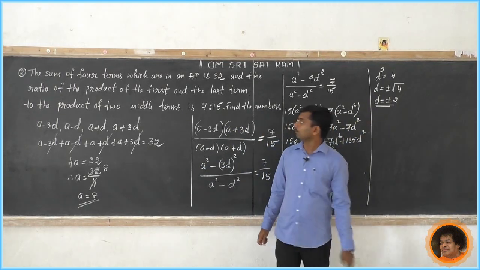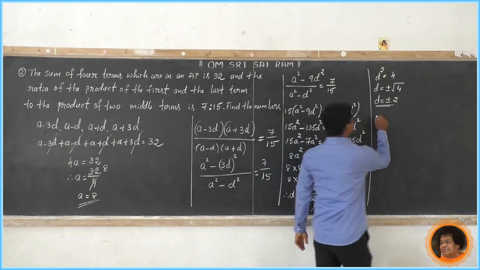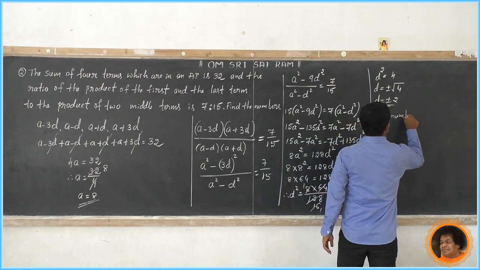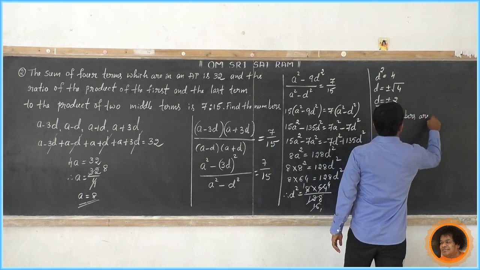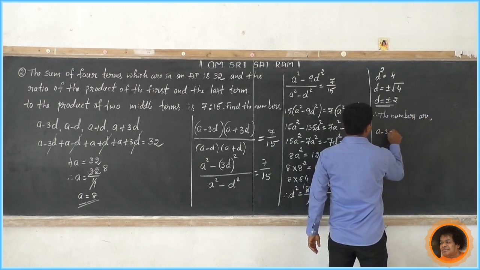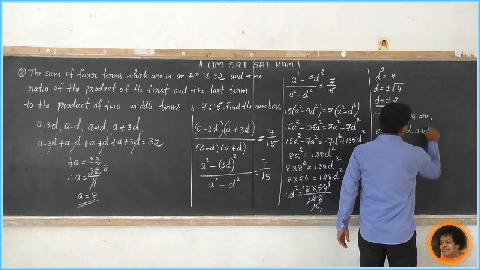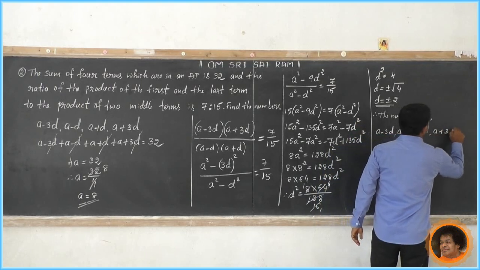Now write the numbers. Which are the numbers? a minus 3d, a minus d, a plus d, a plus 3d.